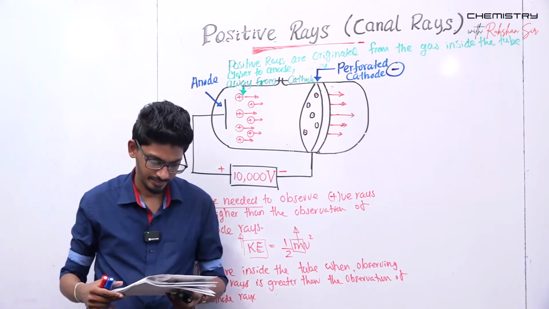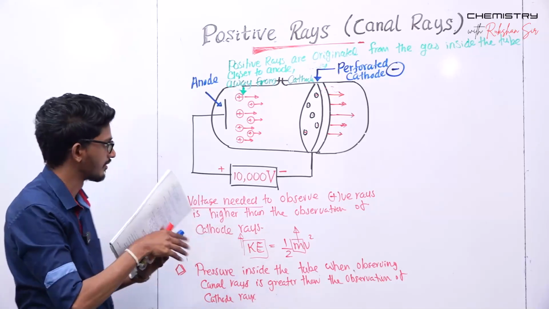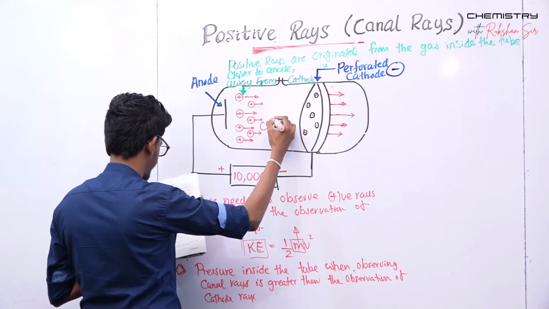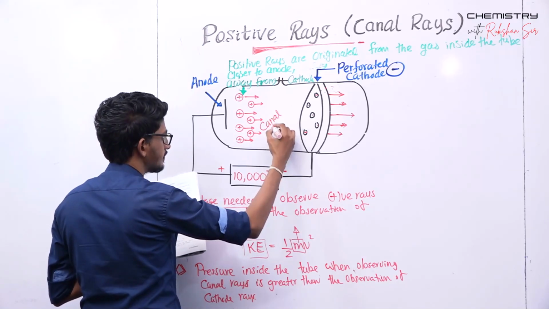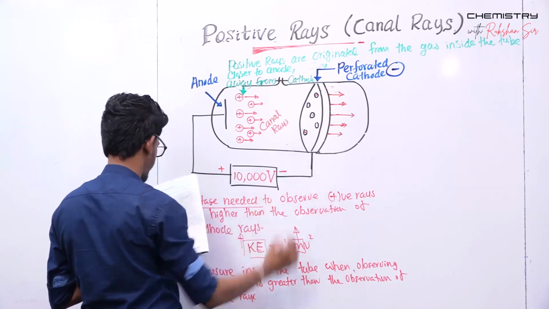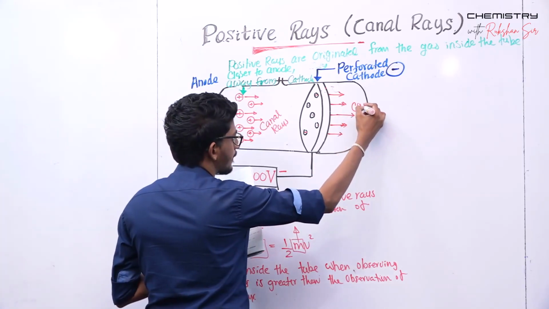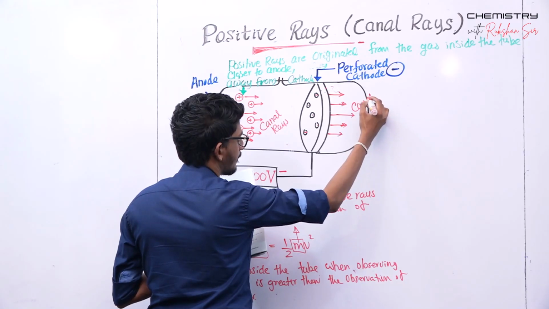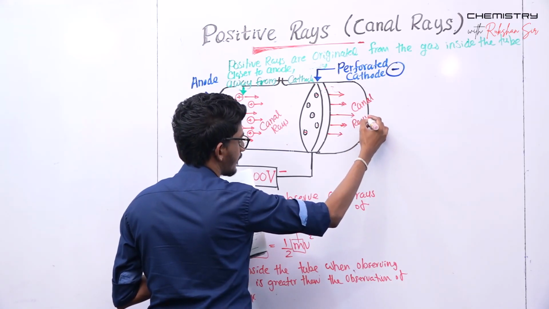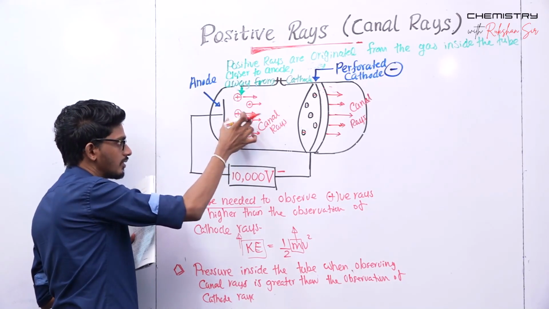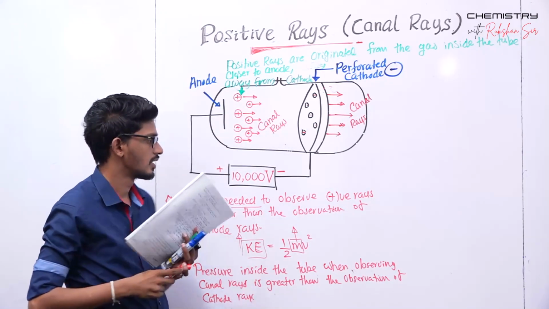So these are canal rays. Remember that those originate away from the cathode but near to the anode.